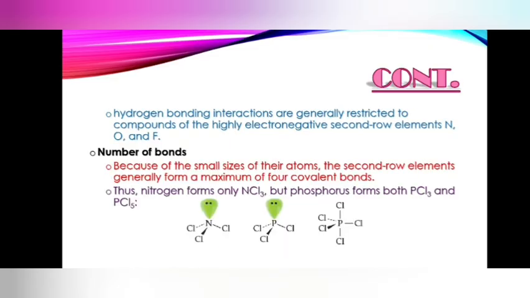You can see in this diagram the 2 electrons in the green shell are the lone pair of electrons present in the nitrogen atom, and 3 bonds are formed with the chlorine atoms, which are highly electronegative. In phosphorus, in the first case we have 1 lone pair, but in the second case phosphorus can also form 5 bonds because it has the ability to form a greater number of bonds.